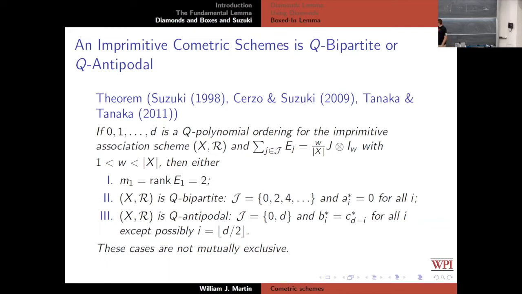And the ones with repeated columns have to either be 0, 2, 4, 6, etc., or just 0 and D. Those are the only degenerate idempotents, other than a polygon, that's another problem. This is exactly the same as all of the a_i^* equal to 0. That's Q-bipartite. Not because it looks anything like bipartite graphs, but parameter-wise, it's the dual of bipartite.